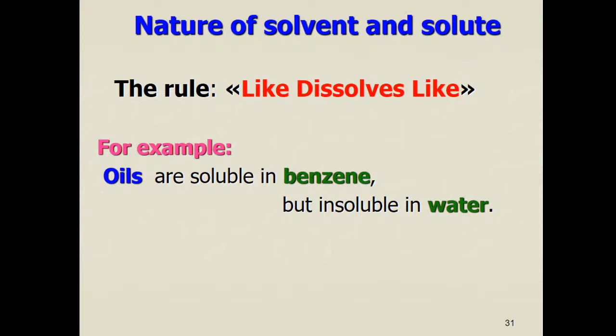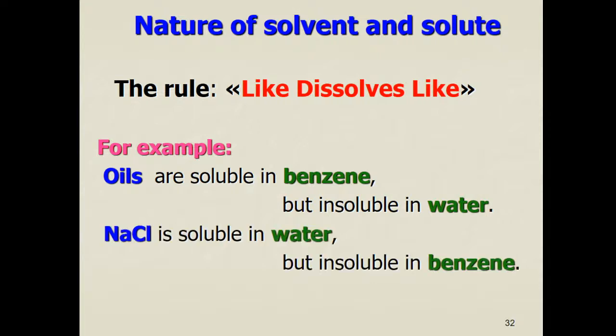So at most, if we shake oil with water vigorously, we get an emulsion. But an emulsion is also unstable and the layers separate fast enough. Benzene and water are also immiscible liquids, so they are not soluble in each other. But sodium chloride is quite soluble in water, but insoluble in benzene, where it forms a precipitate.